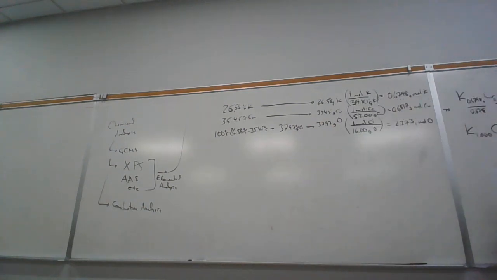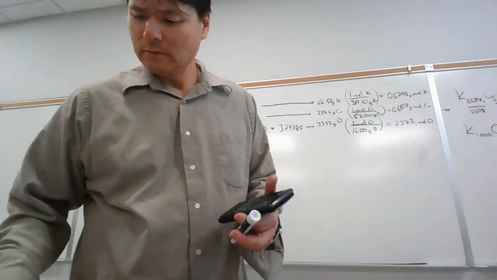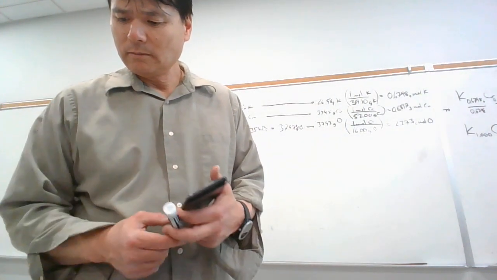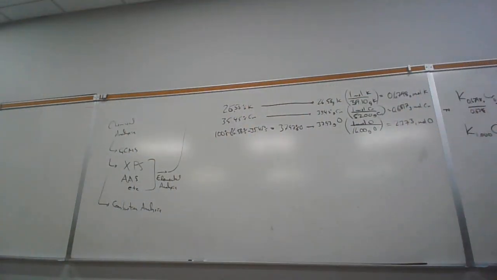Chromium will be 0.68173 divided by 0.6798. And chromium comes out to 1.002, and then I'm going to carry one extra digit, 8.